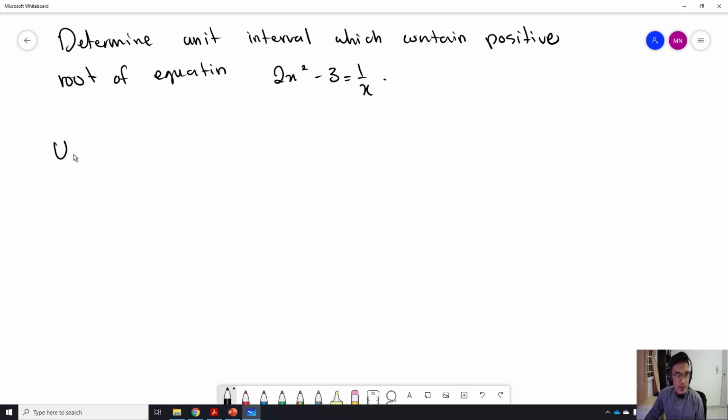Then use the Newton-Raphson method to find this root to 2 decimal places.